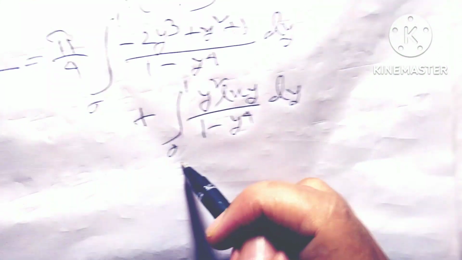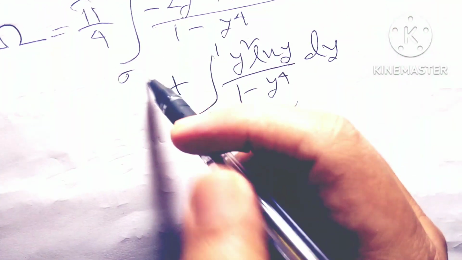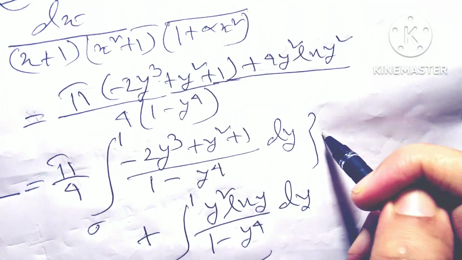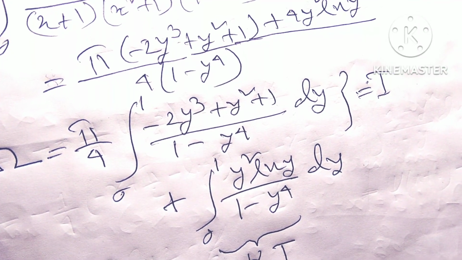So friends, this is the trigamma function, suppose it is T, and this is I. So friends, you get these two values.